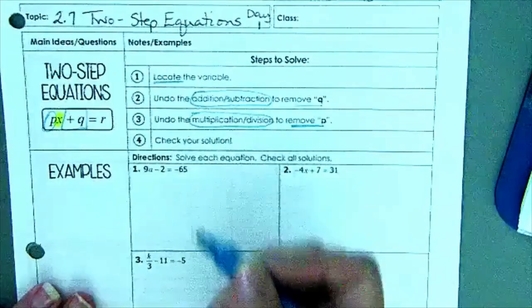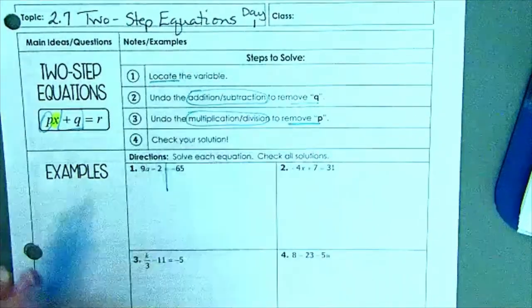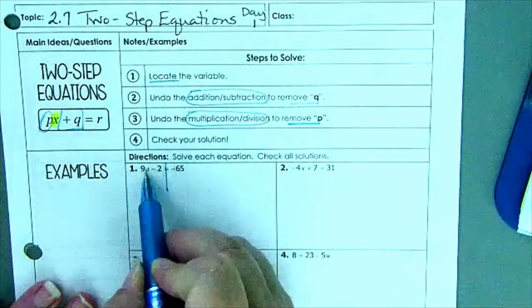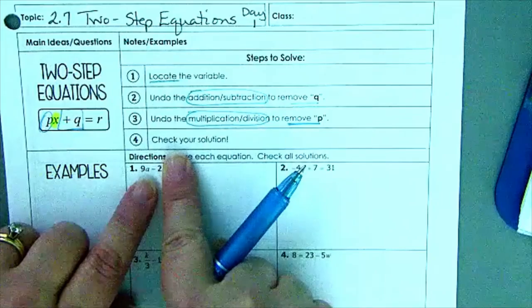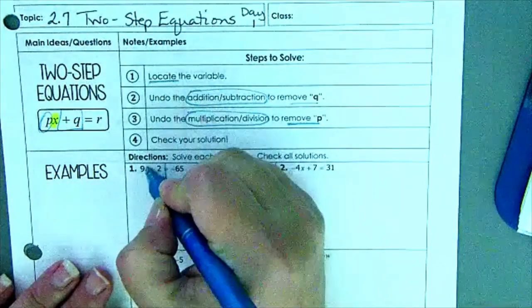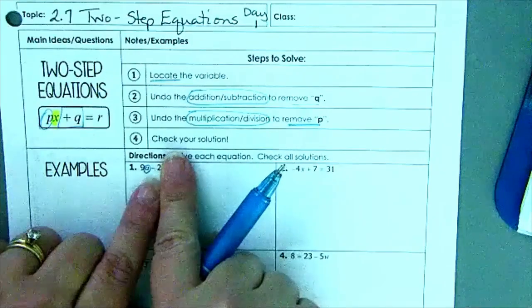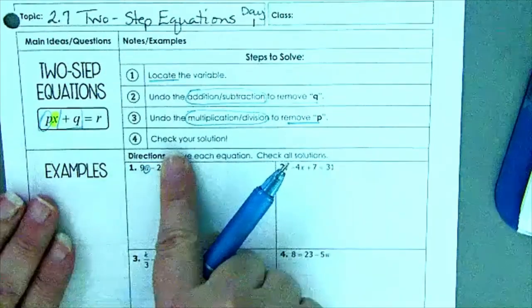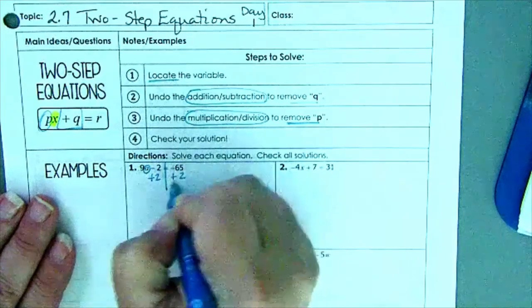All right, number one, I draw my equation wall. Looking at it, what's farthest away, you'll hear me say that sometimes, what's farthest away from the variable on the same side? My variable is A. Well, on the same side, the farthest away number is the 2. So how is it connected? It's subtracted. So I'm going to add 2 to both sides.